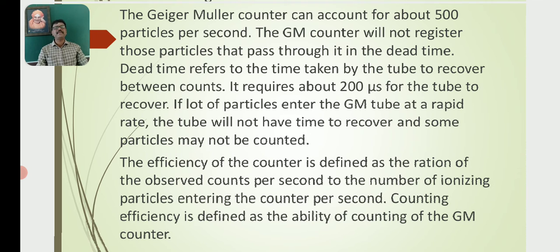It is the ratio between the number of counts in the GM counter to the number of particles entering the chamber.